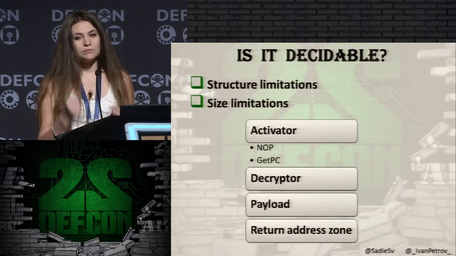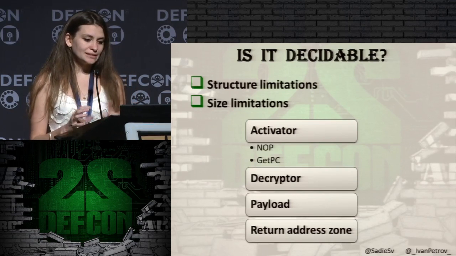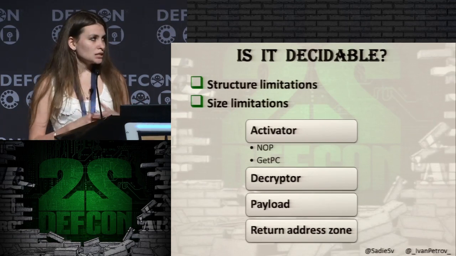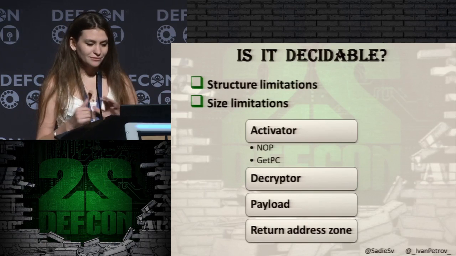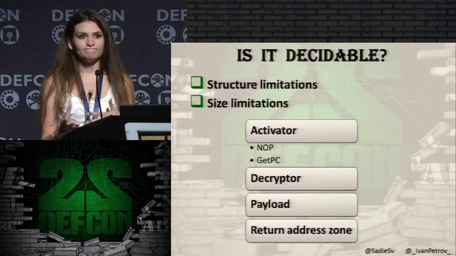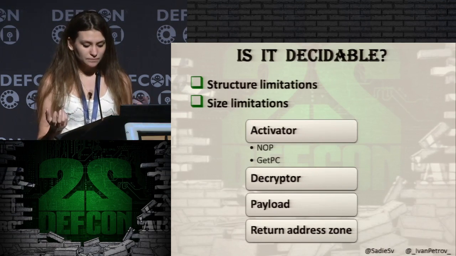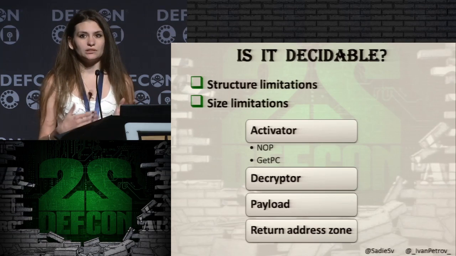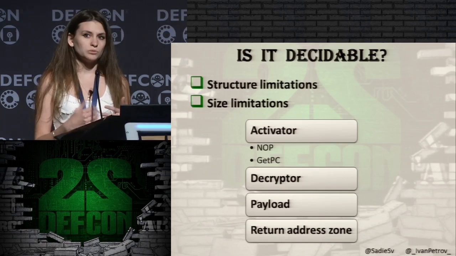That's a simple example of shellcodes which focus on stack overflow. So typically, such shellcodes have an activator, which can be presented by a NOP sled or some kind of get PC code which is trying to understand its own location in the address space of the executable process.